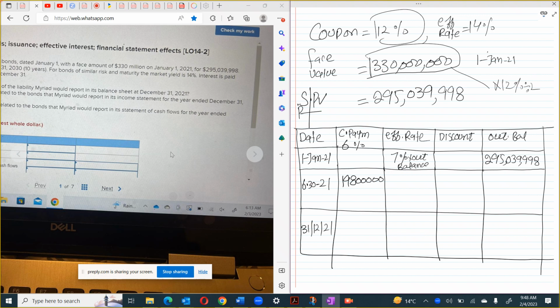Now, the cash flow that you are paying is interest. Remember, the other name for interest is finance. We also name this finance interest, finance charges. So this is financing activity. You will record this amount in the financing activity.